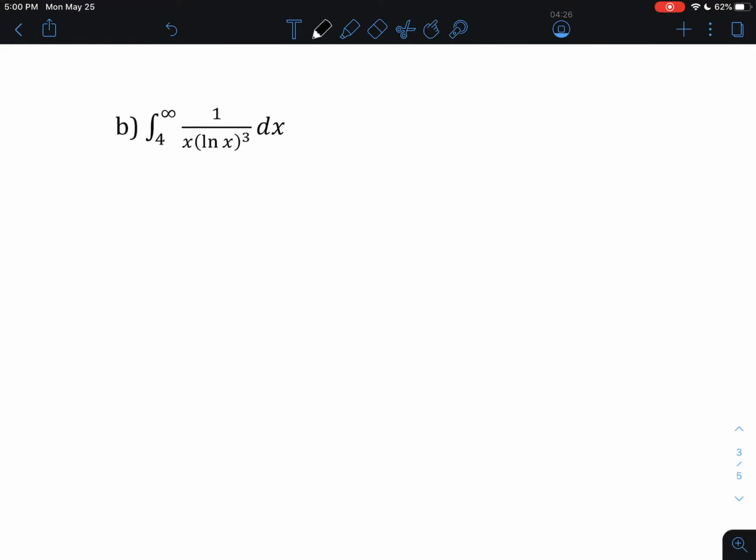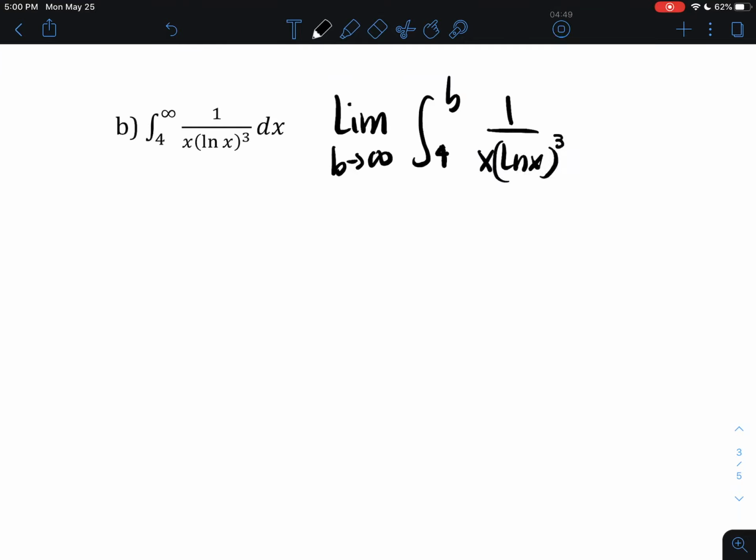Next, the integral from 4 to infinity of 1 over x ln of x cubed dx. Again, I'm going to write the limit as b approaches infinity from 4 to b of 1 over x ln of x cubed dx. I'm going to use u substitution here.